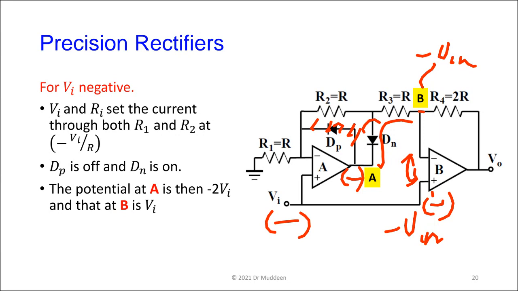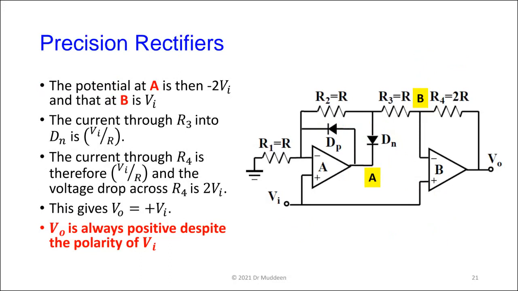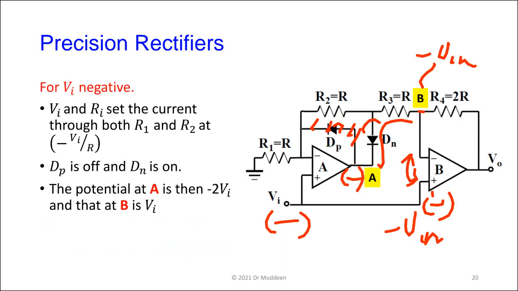So what is the voltage drop across? We go on here. The potential at A is minus 2 V in. The potential at B, remember, where are we? The potential at B is, wait a minute, where am I? Let me just backtrack here a little bit.